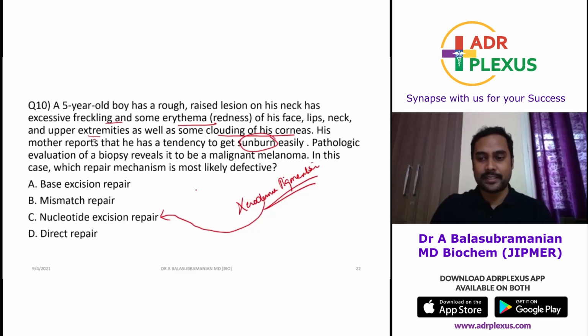Okay, so I hope this session has given you enough insights into the basic pathophysiology and the basic molecular biology mechanisms and techniques. Now, let me conclude this session by saying that molecular biology questions are not beyond you.